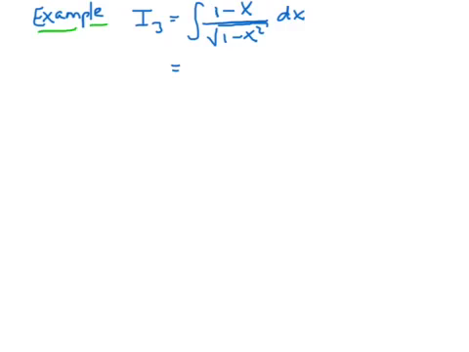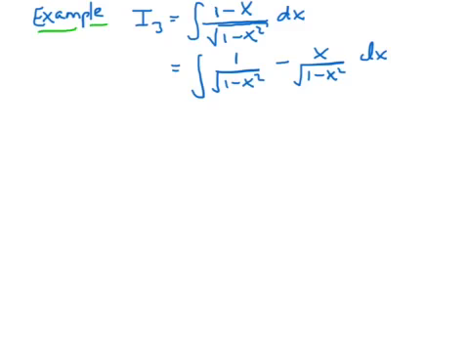So I3 is actually the integral of 1 over the square root of 1 minus x squared minus x over the square root of 1 minus x squared, all integrated with respect to x. And once one looks at it like this, it should be clear that these are separate integrals, and it might be possible, and in this case it is, to calculate them in very different ways.